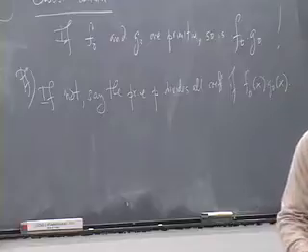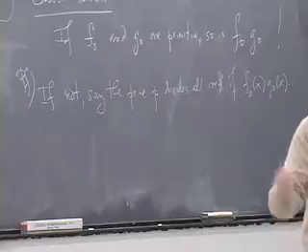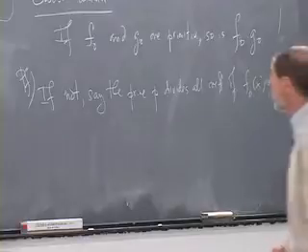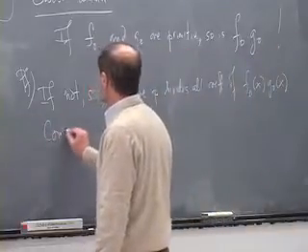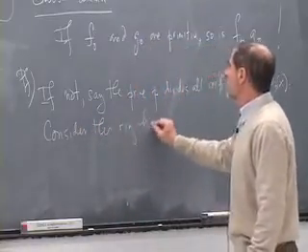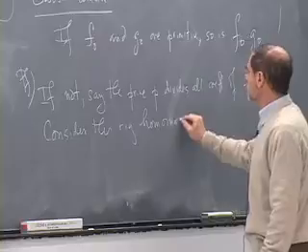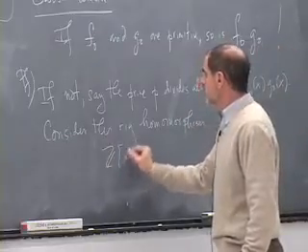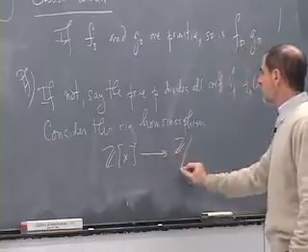So some prime divides the GCD. So some prime divides all the coefficients. Okay? Now consider the ring homomorphism that takes polynomials with integer coefficients to polynomials with coefficients mod p.